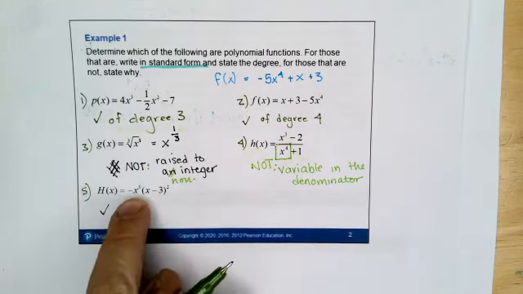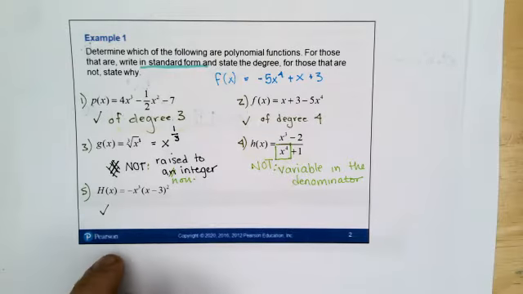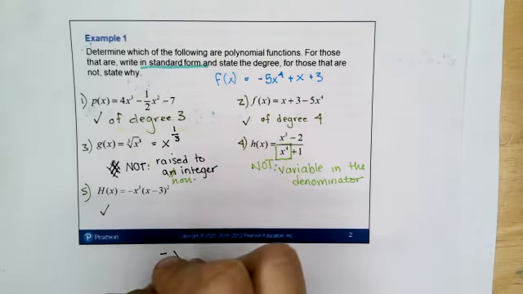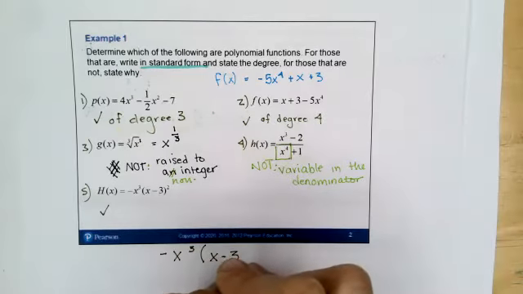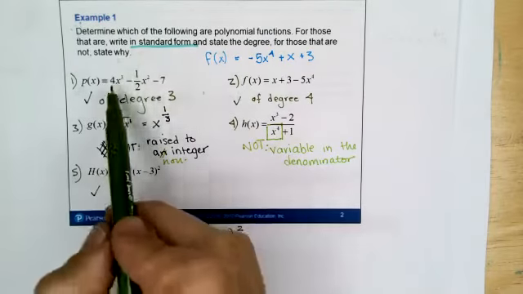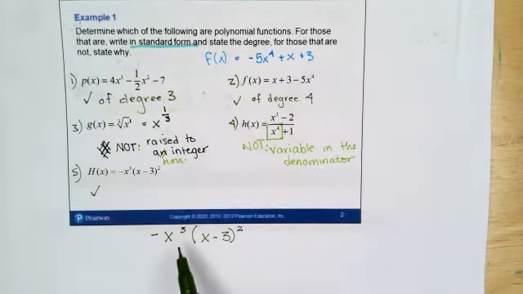To be in standard form, we need to factor all of this out and then put all of our terms in descending order of the variable. So what I'm going to do is rewrite this negative x to the third times x minus 3 squared. Also, it's asking me what the degree is. Here it was very obvious. It's of degree 3. Here it's of degree 4. But we need to factor this out, not only to put it into standard form, but to determine what the degree is.